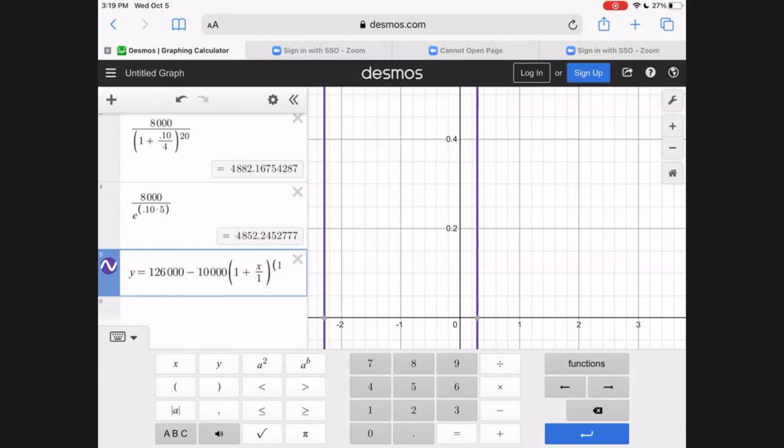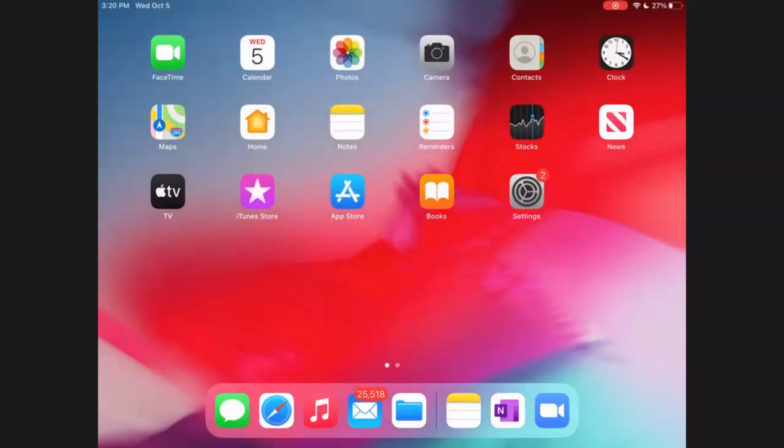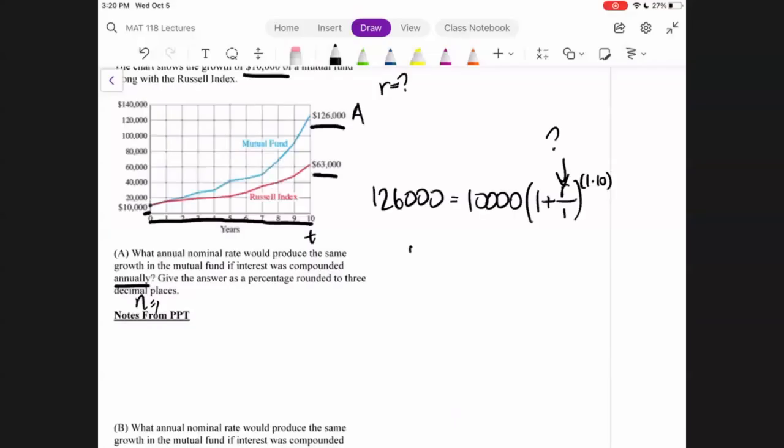So just to get it to work on Desmos, if you want to graph it, you could graph 2 lines, y equals the left side, y equals the right side, or you could do y equals the left side minus the right side. Right, that's what I'm doing here to get it to tell me this point. So I see here that I get 0.288. So using Desmos, okay, we get 0.288. So my rate here is 0.288.